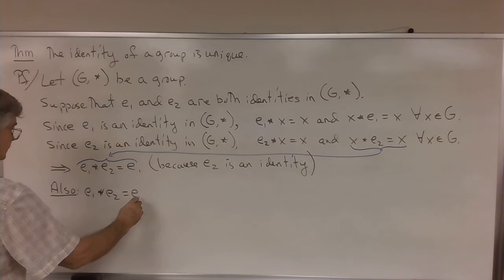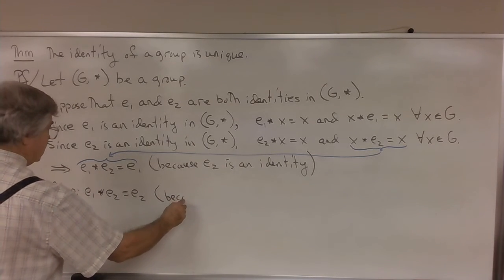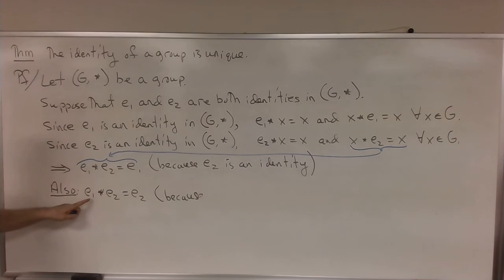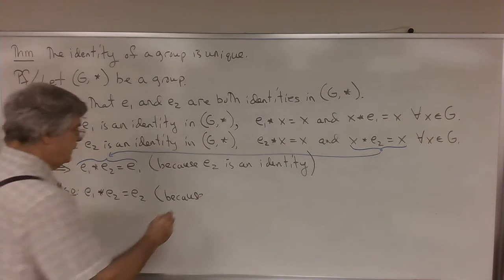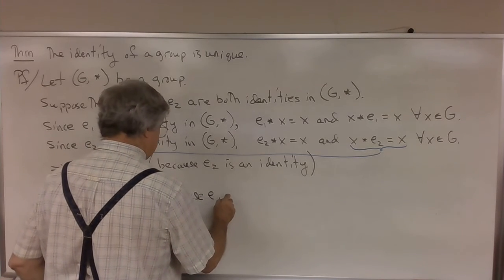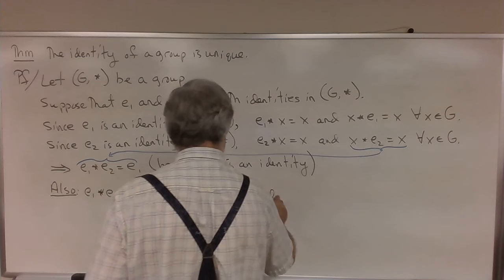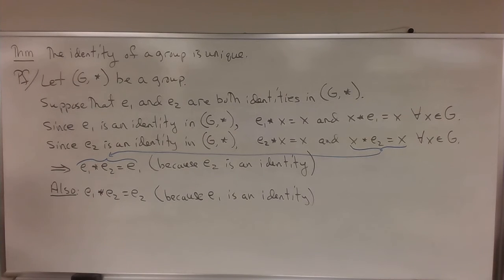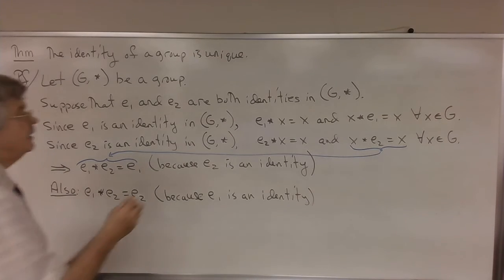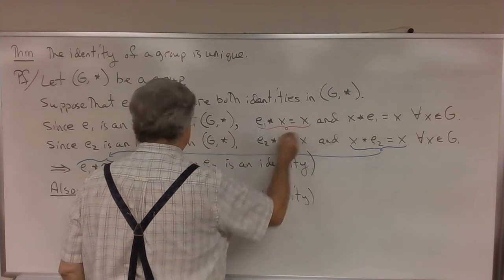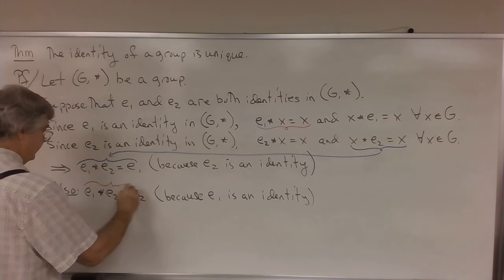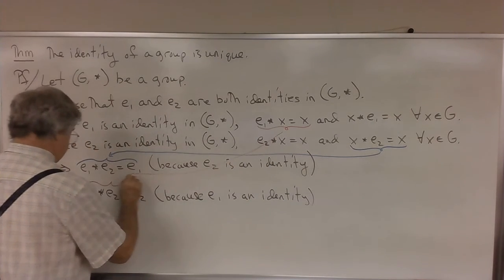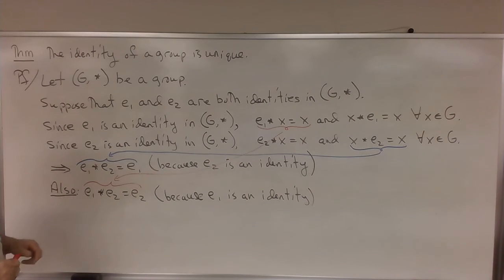Here we're going to use the fact that E1 is an identity. And really, let's see, what property up here did we use? Specifically that. Here, E2 is our x.